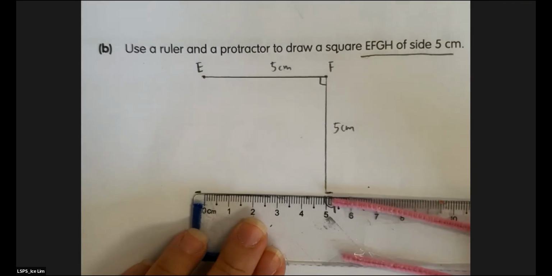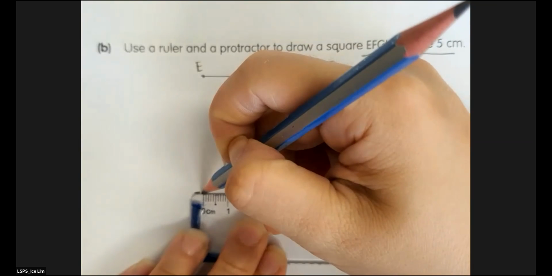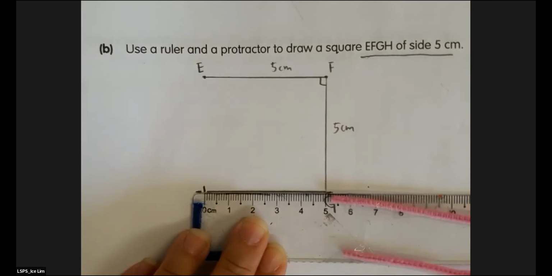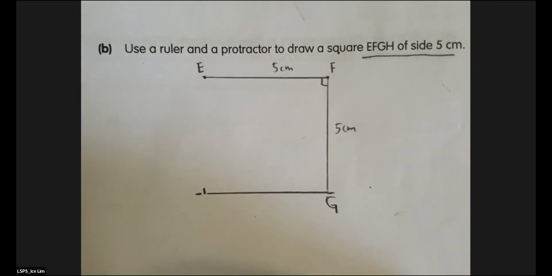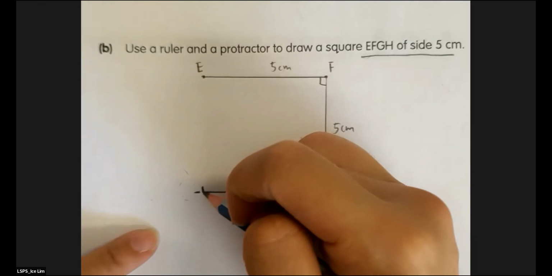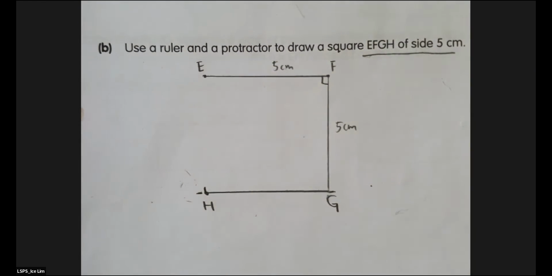Ruler 5 centimeter. EFGH. Last one, check.